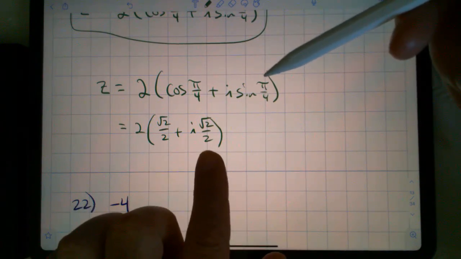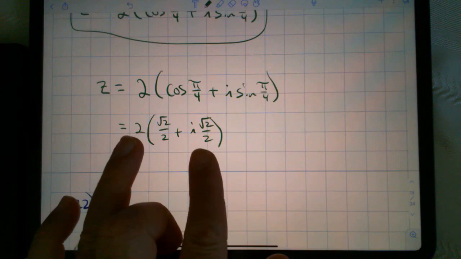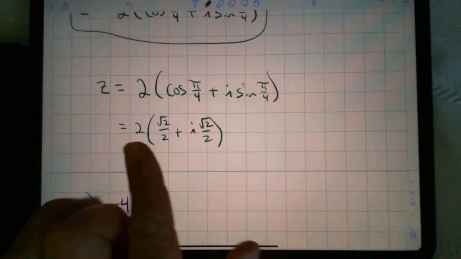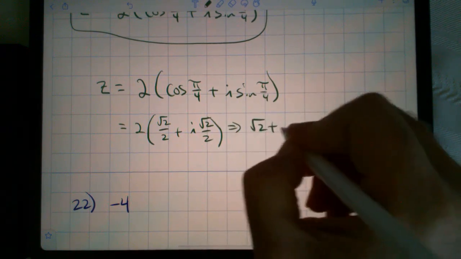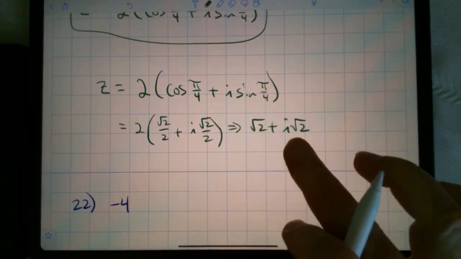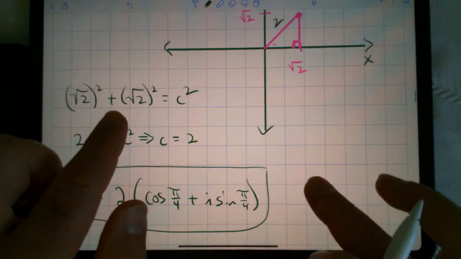Sine of pi over 4 is radical 2 over 2. When I multiply the 2 here, your denominators simplify. And this is what we began with.